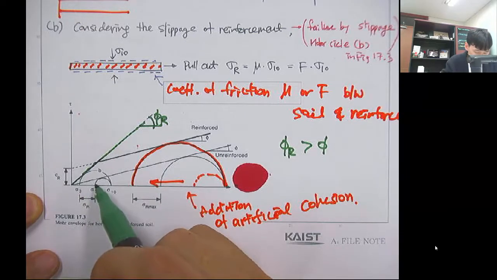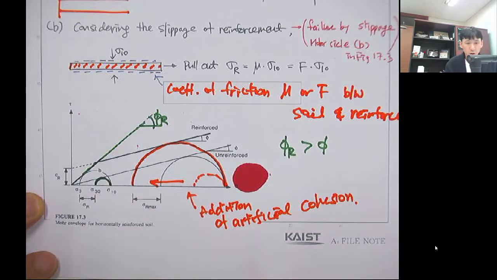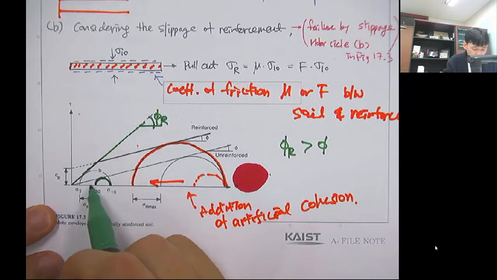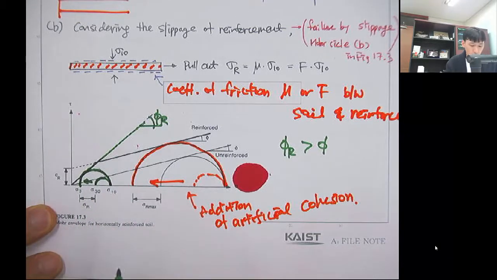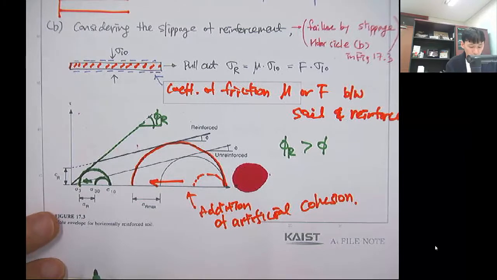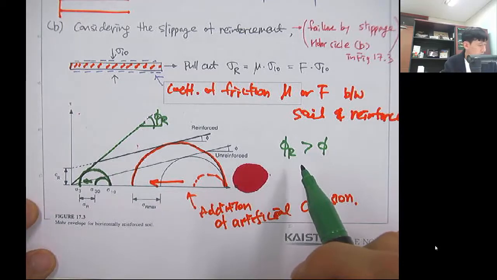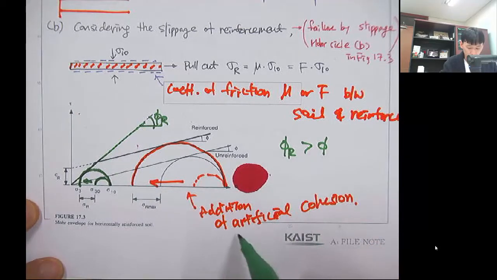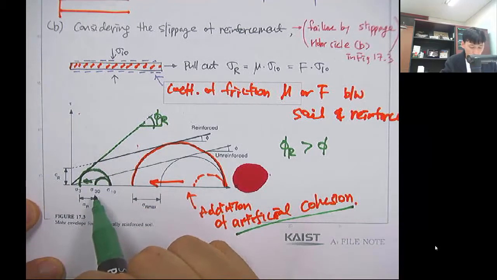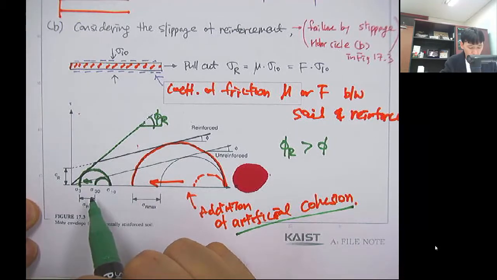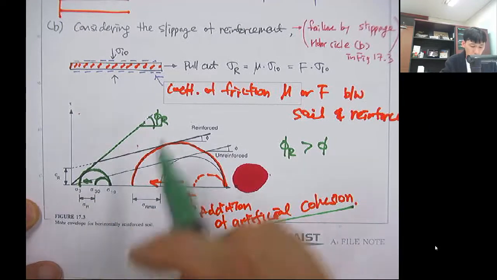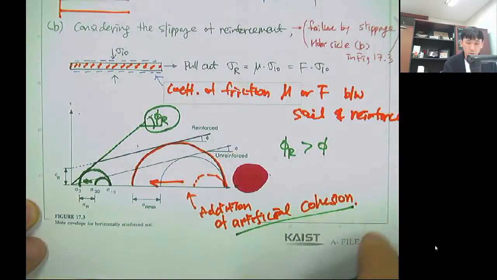So the Mohr circle was here initially, and as the wall moves, you have more friction developed, so that it's going to fail at a different failure envelope. So the difference is that rupture is designed as the additional cohesion, and slippage is designed in terms of the additional friction, so phi r.